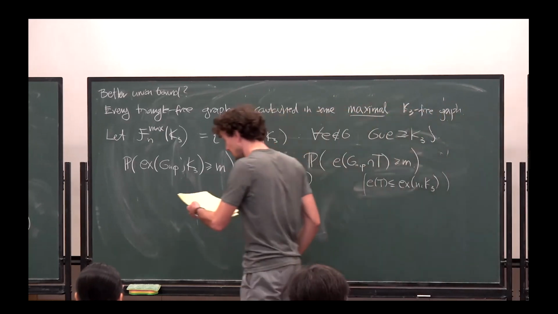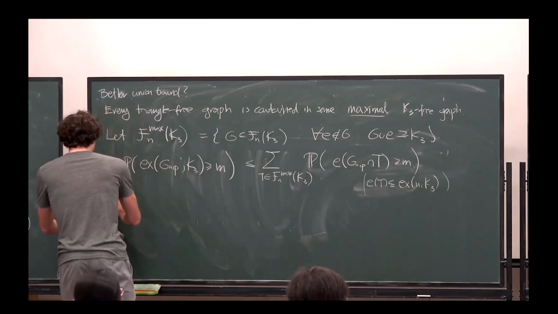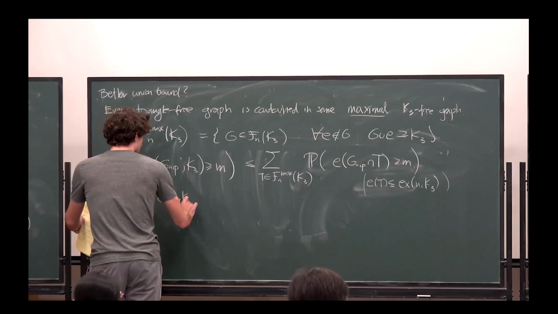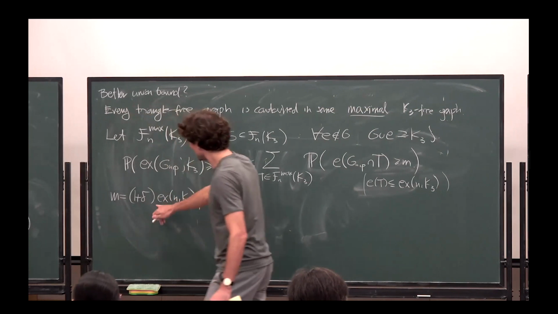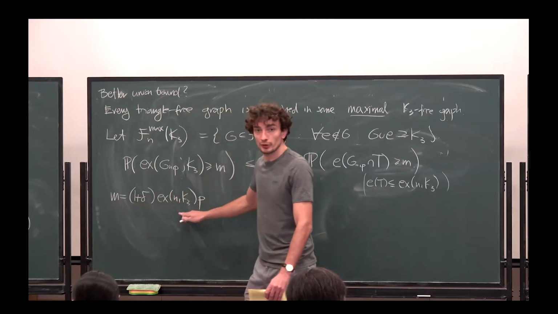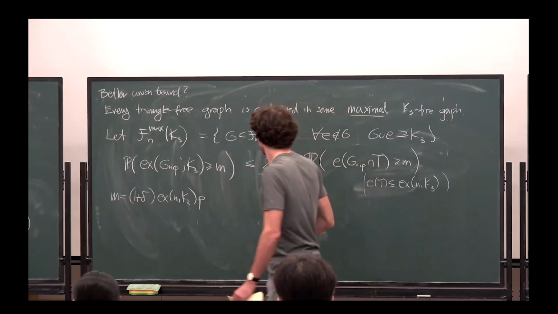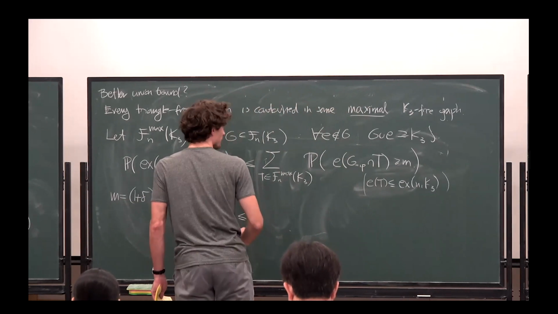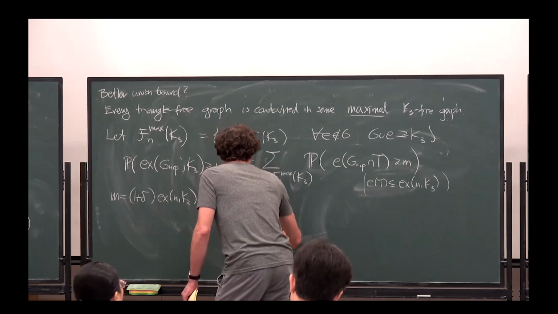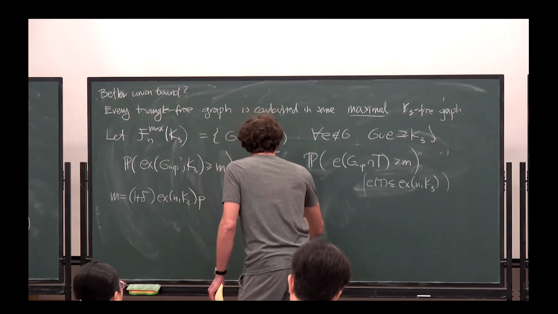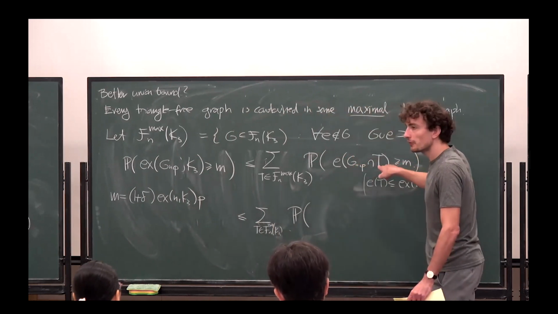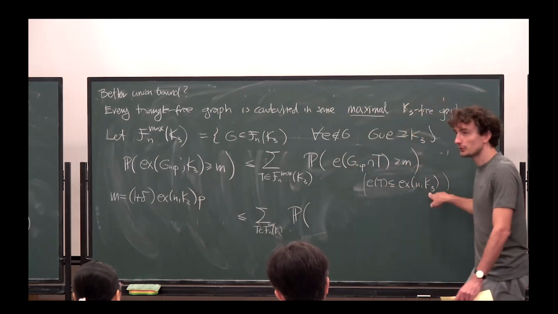And therefore, if we take m now to be 1 plus delta times the extremal number of K3 in n times p, so this is the m that we would really like to stick in here, then this is at most the sum over all T, which are maximal triangle-free graphs, of the probability that intersecting G(n,p) with a fixed graph with e(T) edges gives at least m.